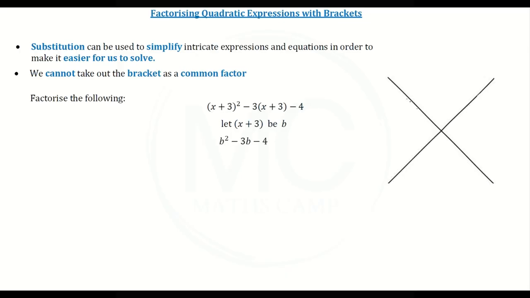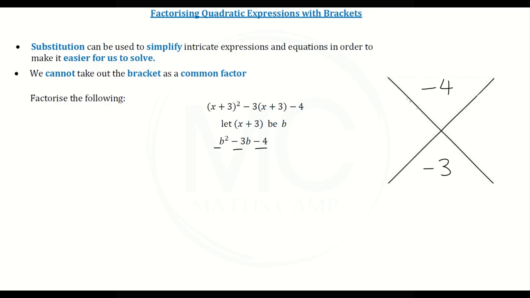Let's put in our x. The coefficient of b squared is 1, and we have a constant of negative 4. 1 multiplied by negative 4 gives us negative 4, so we can put this in up here. The coefficient of the middle term is negative 3, so I can put negative 3 over here.